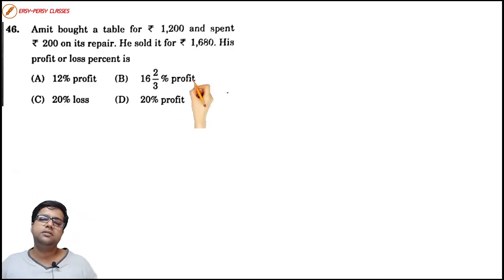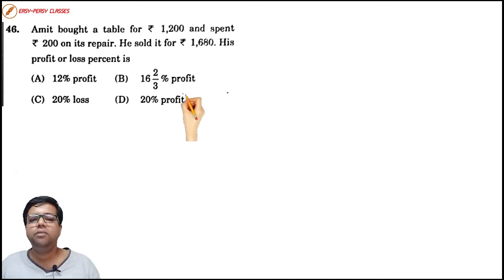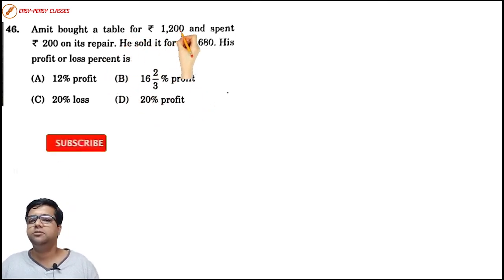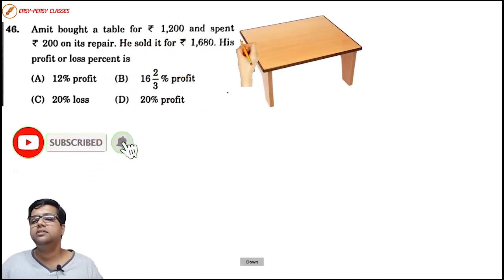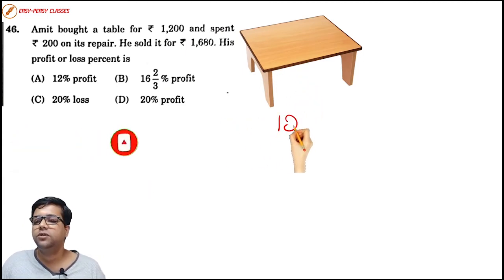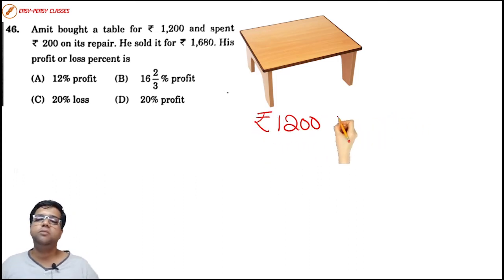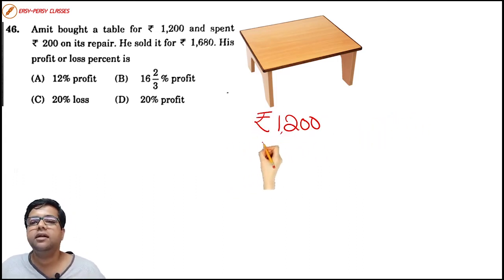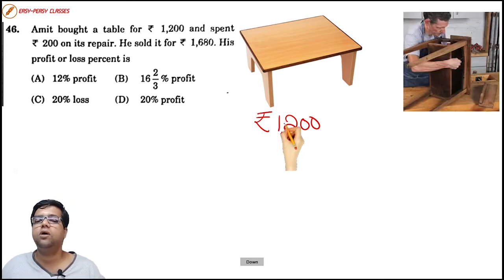Question number 46. Amit bought a table for 1200 rupees, and he spent 200 rupees on its repair.